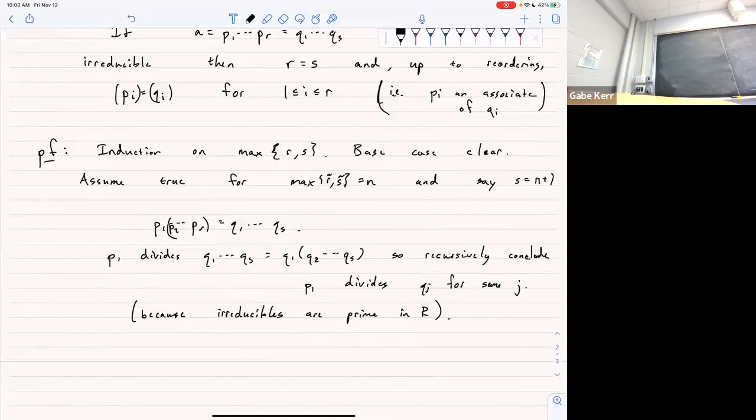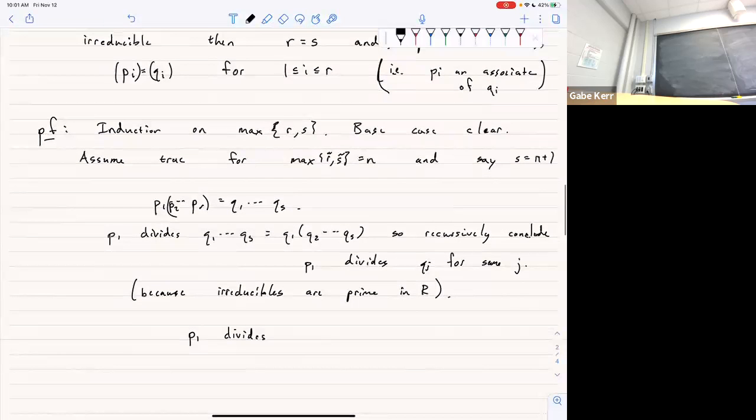Okay, so P1 divides Qj. Qj is irreducible, so what? P1 divides Qj, so Qj equals P1 times something. That's the definition of irreducibility.